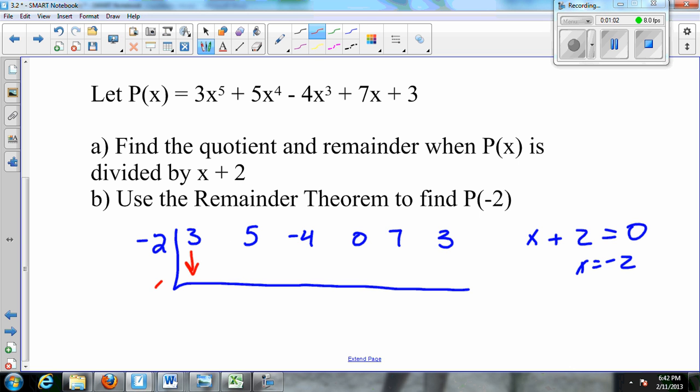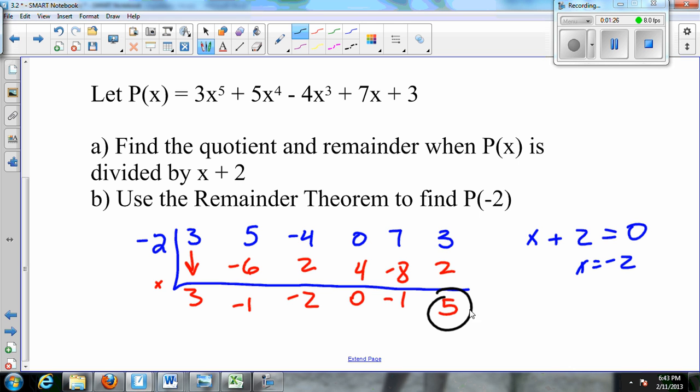Bring down the first one and multiply. So we get a remainder of 5.